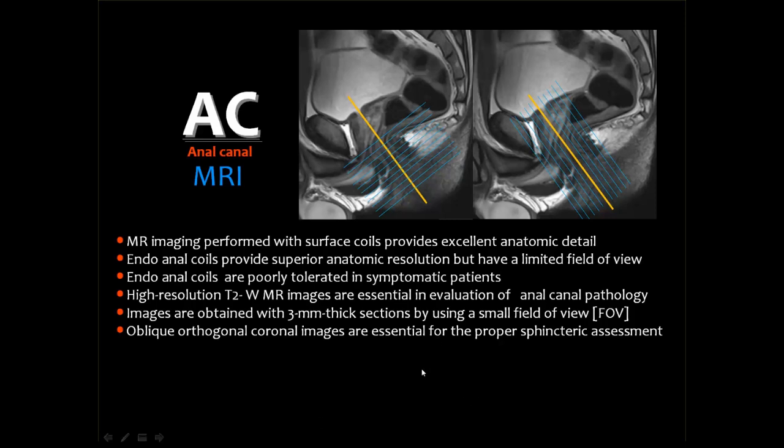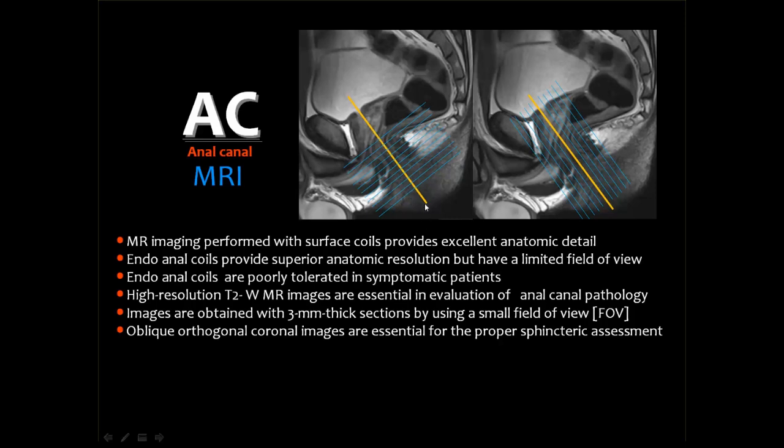Then the best pulse sequence for evaluation of this area is the high resolution T2 weighted images, obtained in the three planes: axial, sagittal, and coronal. Whenever you obtain the sagittal image, you align your axial and coronal images along the axis of the anal canal.